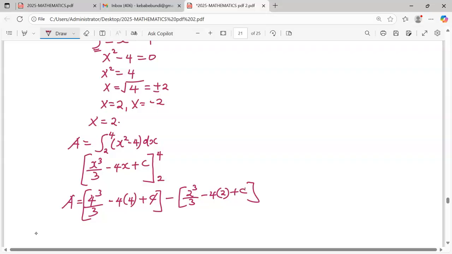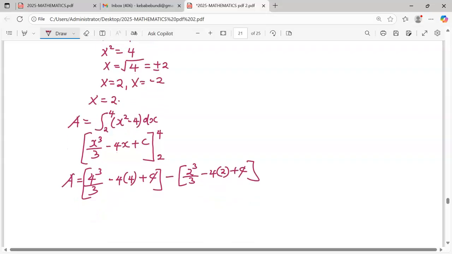Remember, c minus c becomes a 0, and therefore we are going to have 4 cubed, which is 64, divided by 3, giving us 64 over 3. Then minus 16, minus 2 cubed which is 8 over 3 minus 8.